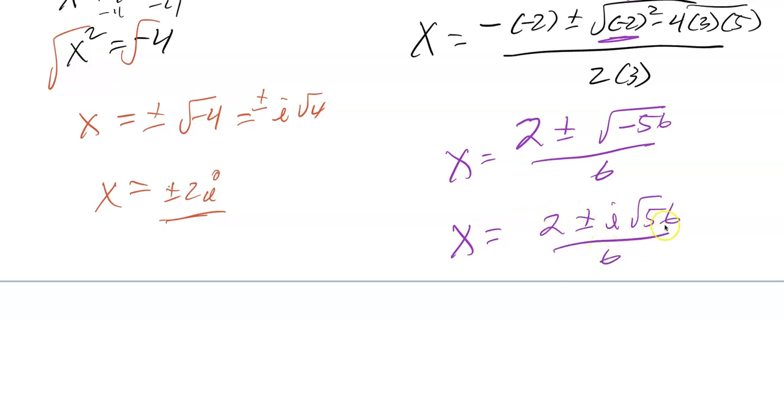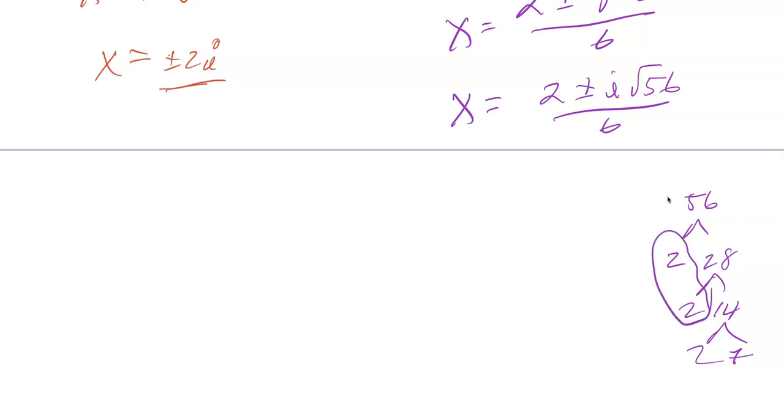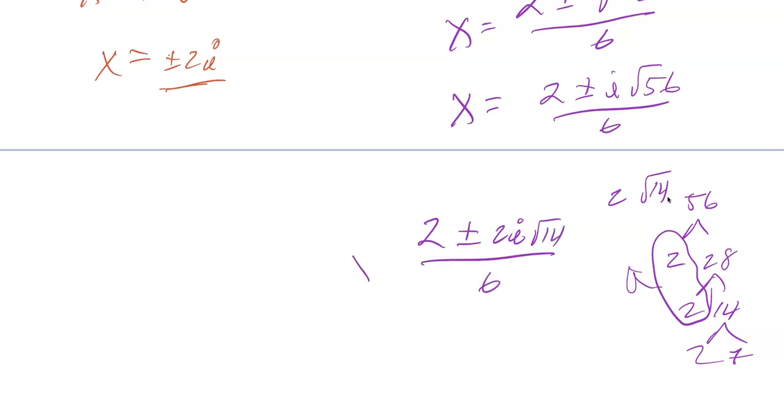Now, if we want to be pro about this, we should break that down. 56 is what? 2 times 28, which is 2 times 14, which is 2 times 7. I only need a pair. So that's the same thing as saying 2 plus or minus 2i square root of 14 over 6.